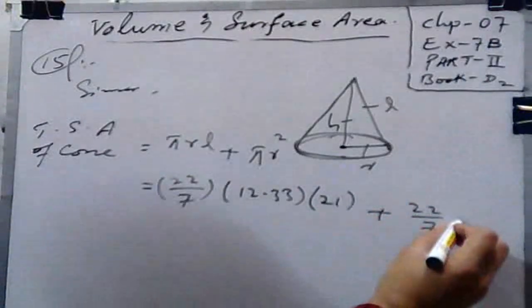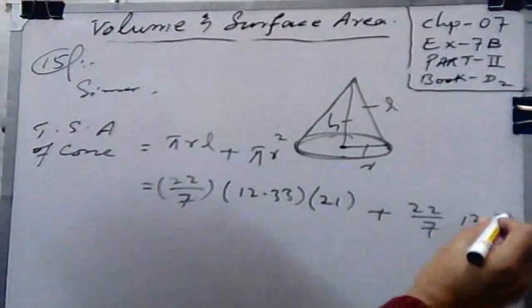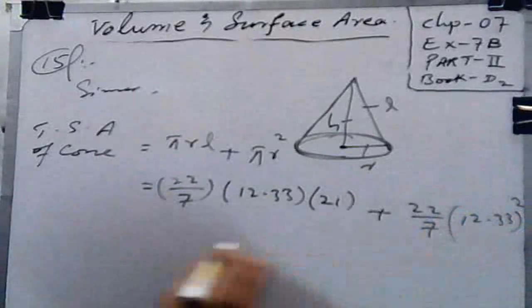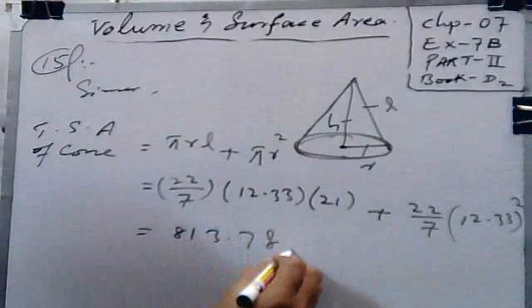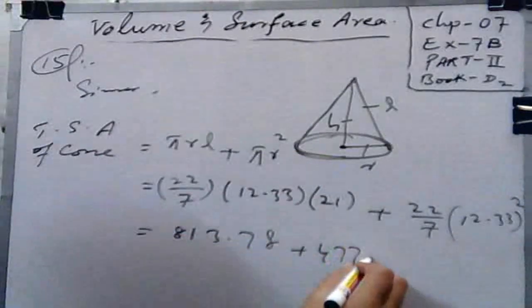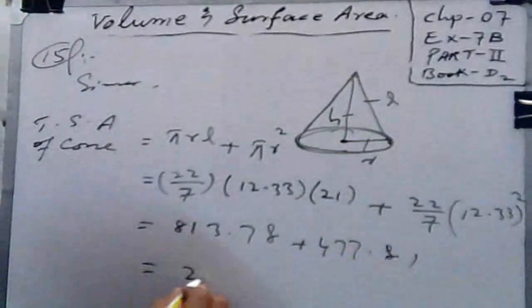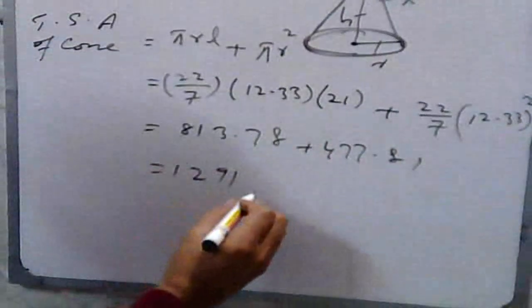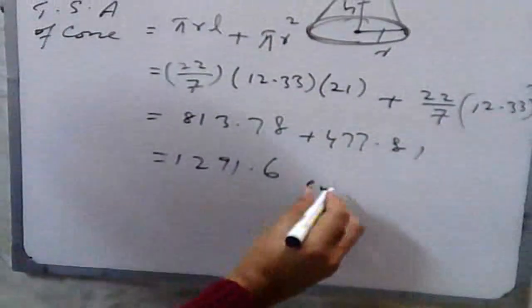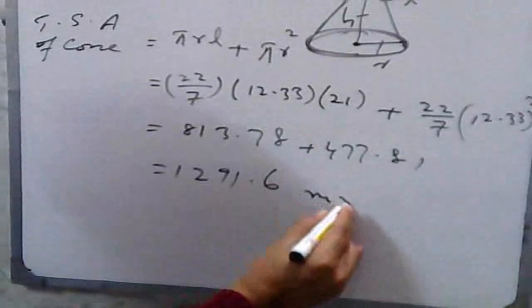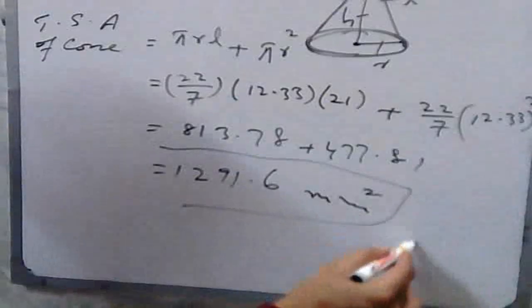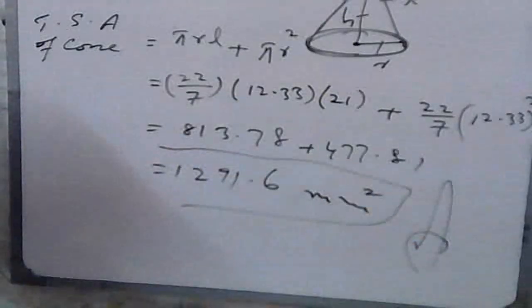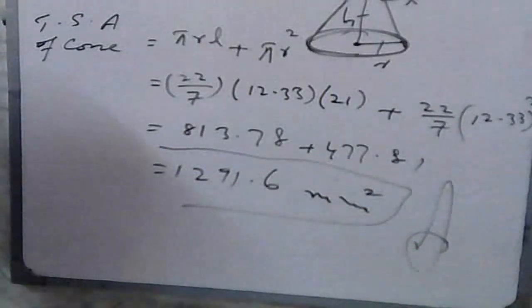Similarly, plus 22 by 7 into r squared, where r is 12.33. After simplification you will get 0.6 millimeter square. So that is your total surface area of the cone, your required result. Coming to question number 16.